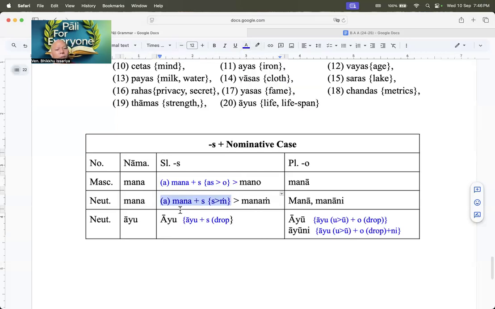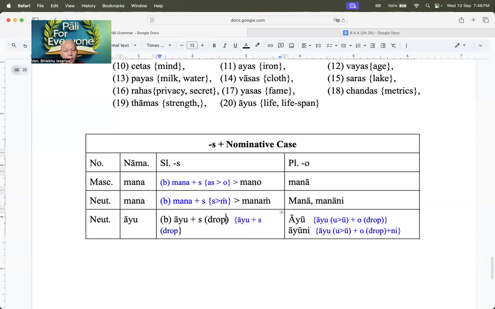Manan. But for the RU, the one also from the A stem. Oh, sorry. These are B stem, not A stem. So RU, after that, the sa. But that sa is dropped here.